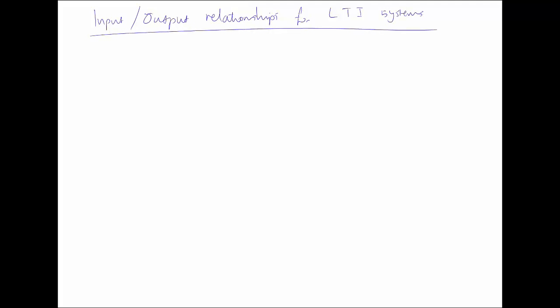The first such relationship we saw is the convolution formula. So we have that in discrete time, the output at time n is the convolution of the input and the impulse response. What does this mean? This is defined by this convolution sum.